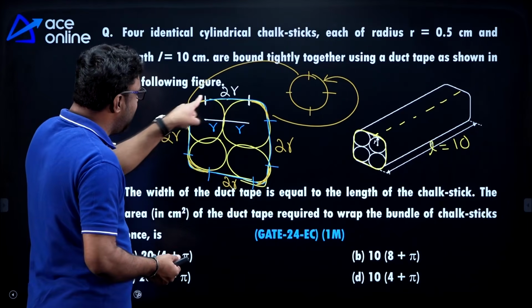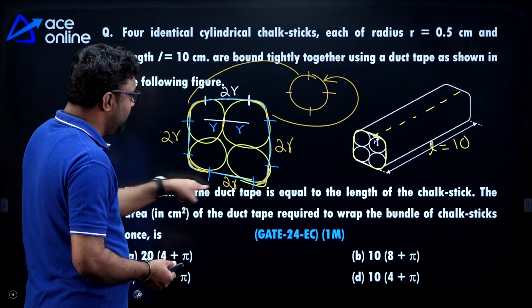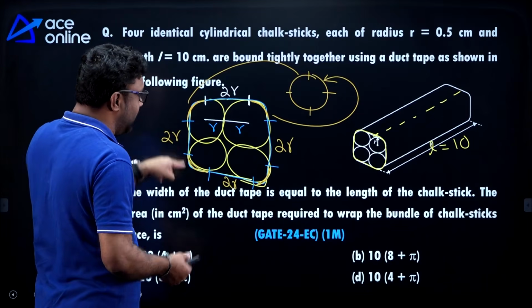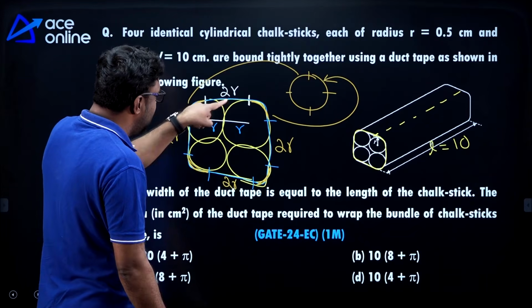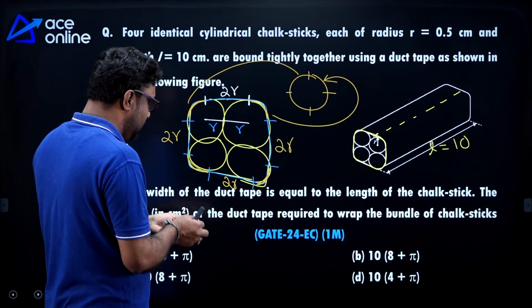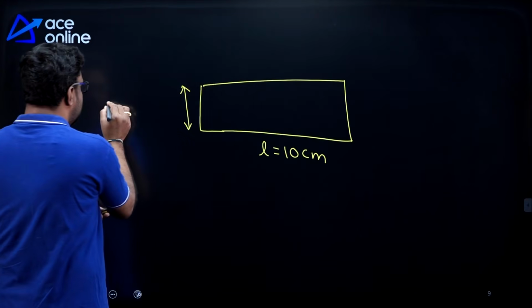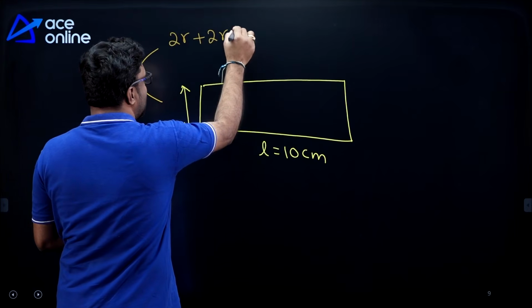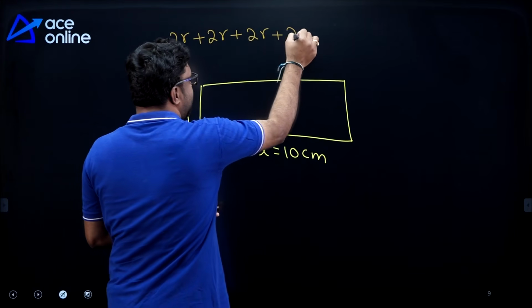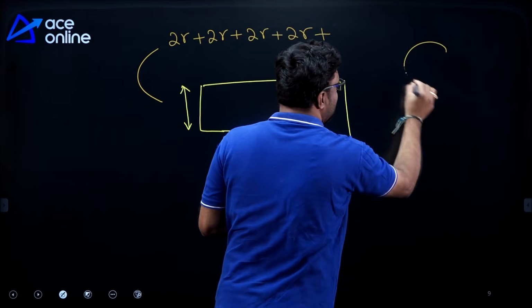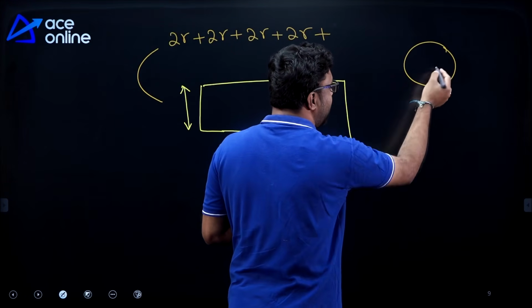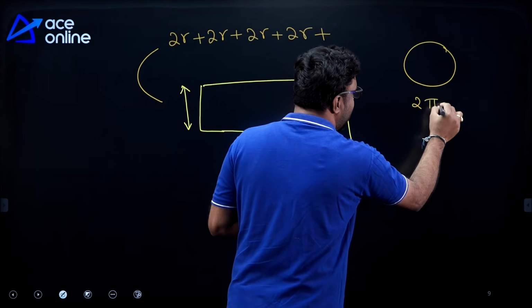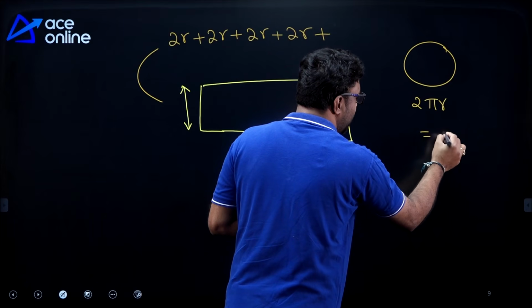Now we have to calculate the entire length of the tape. The total distance is 2r plus 2r plus 2r plus 2r plus the circumference of the circle, 2 pi r, where radius 0.5 gives pi.